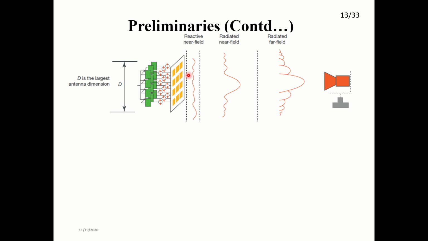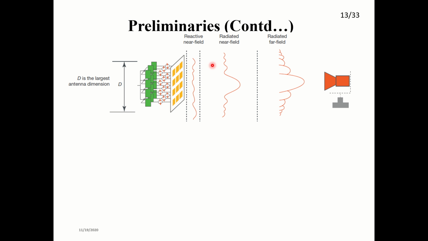If you measure here, you will get one data; if you measure here, you will get another data; if you measure here, a different data. That's why we normally don't do measurements in the reactive near field. Near field measurement is something different. Those measurements are very carefully done, very close to the antenna, and they capture the field components.